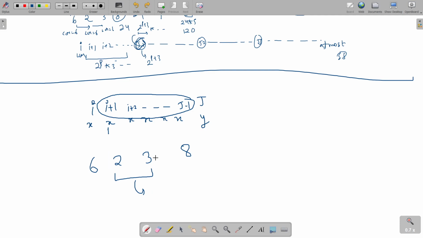They will basically not contribute anything new to the LCM. But if you take this range, for example, then the LCM is 24, which does not divide 6. 6 modulo 24 is not equal to 0.